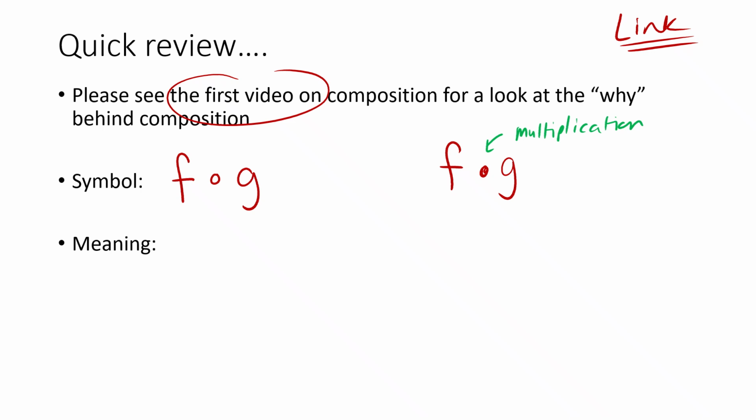You're plugging one function into another function. So f of g of x means this: instead of a simple f of x, you're going to take that second function and plug that in every place that you see an x. It can get kind of messy, as we are going to look at in a moment.